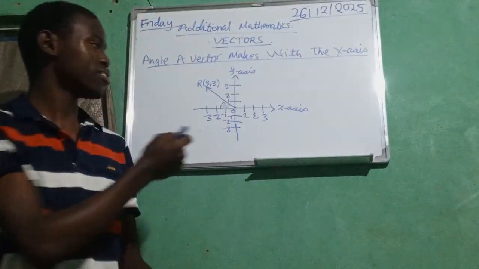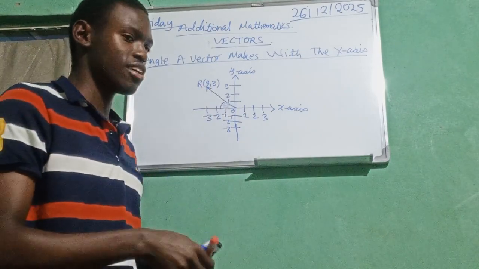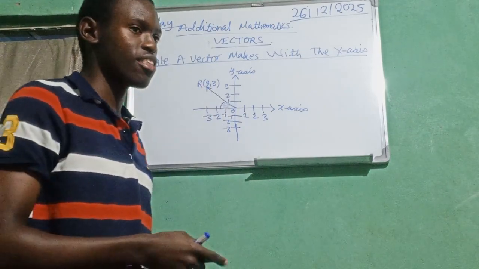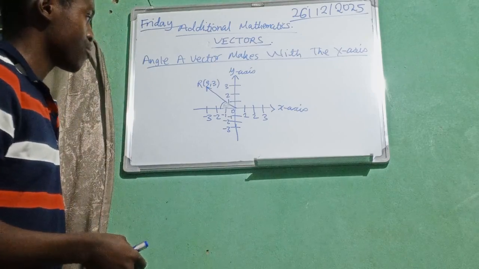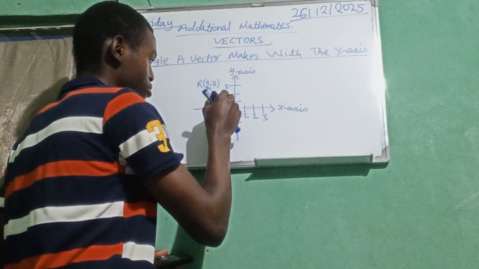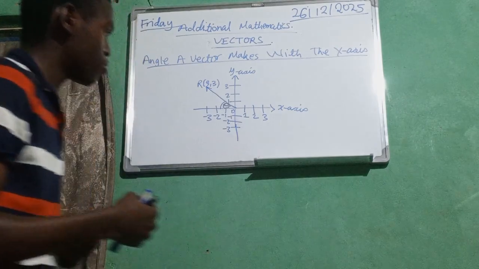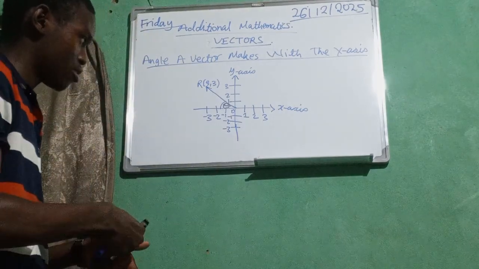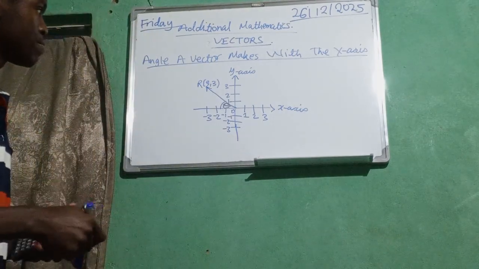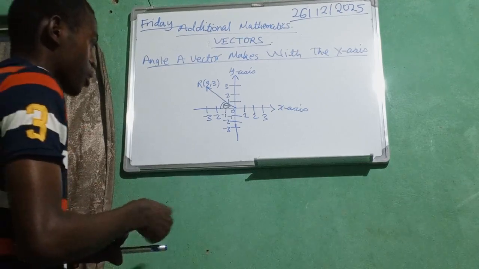What should we do in this case? This vector, and we are told to find the theta that is there. If it's not visible, let's use the black one. So I'm told to find that theta. The first thing to do is you form a triangle.